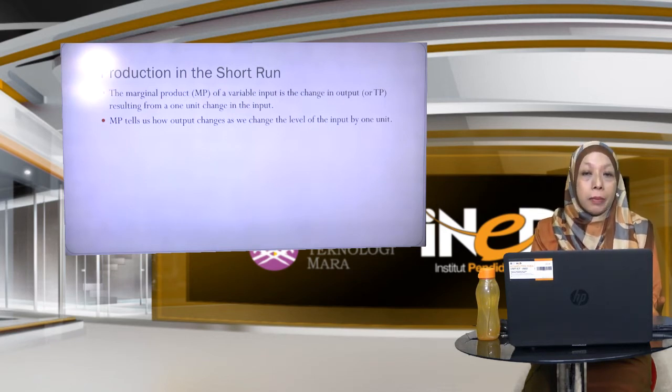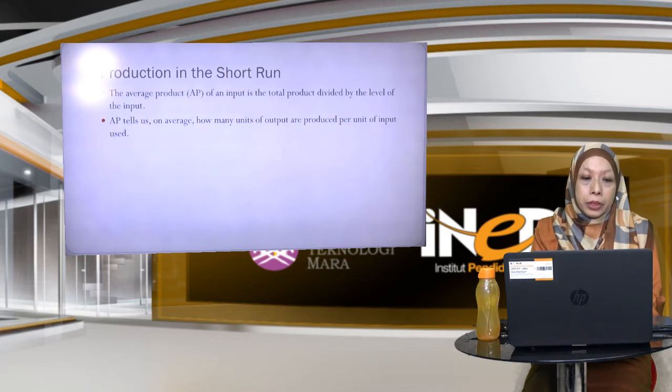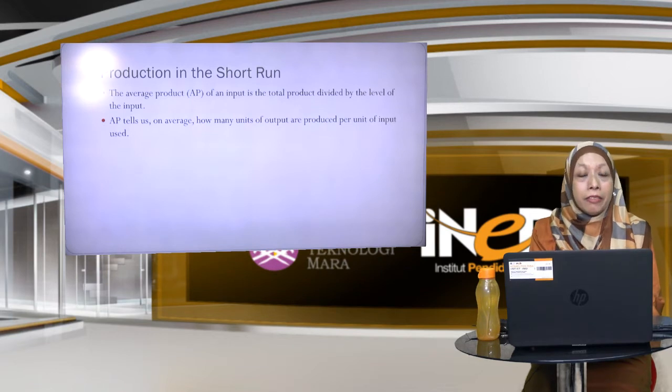Next is average product. Average product represents total output divided by your variable input. In other words, average product will tell us on average how many units of output can be produced by each of the variable inputs that you hire.